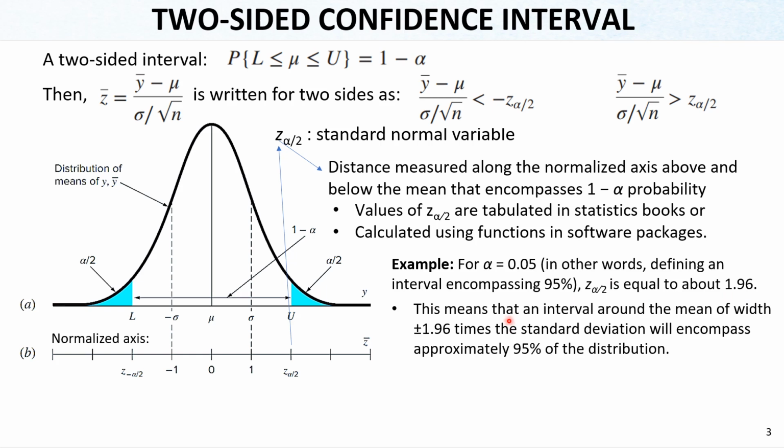And this means that an interval around the mean of width plus or minus 1.96 times the standard deviation will encompass approximately 95% of the distribution. What it means is that we have the mean, and the lower and upper bound will have a 95% coverage for the distribution, we can say. And it is basically the mean plus 1.96 times the standard deviation to the right and 1.96 times to the left.